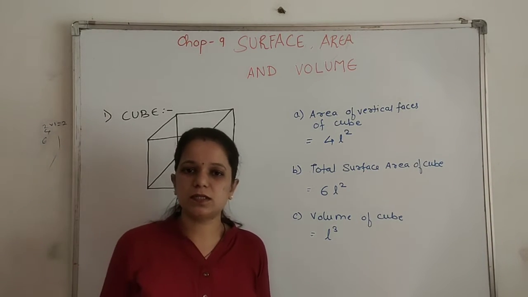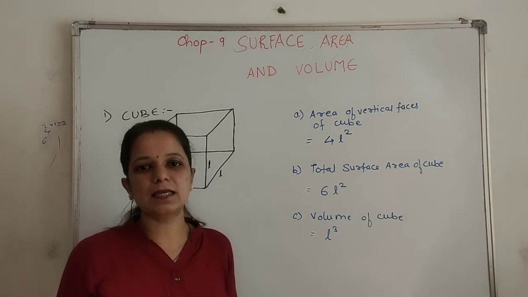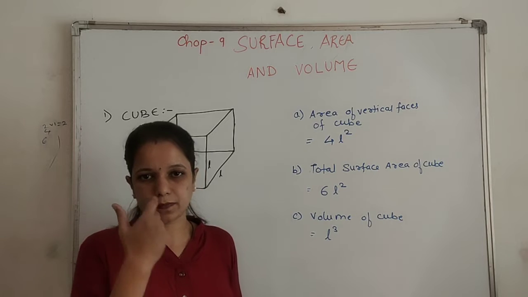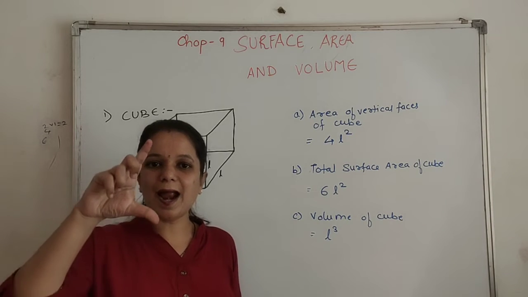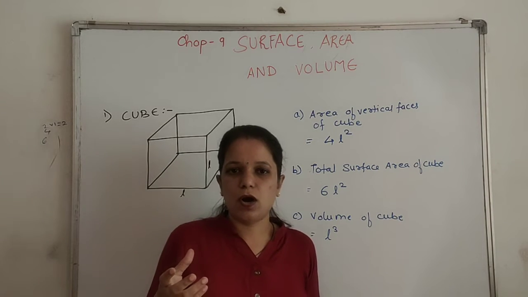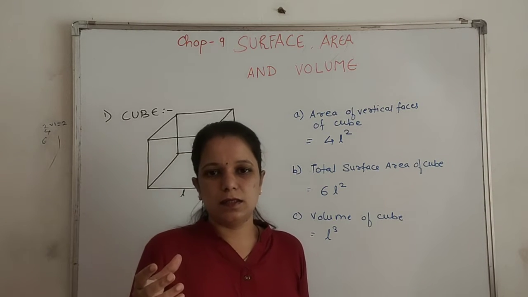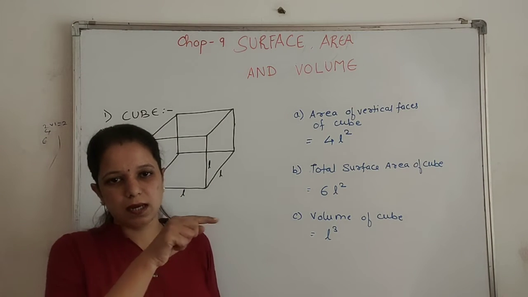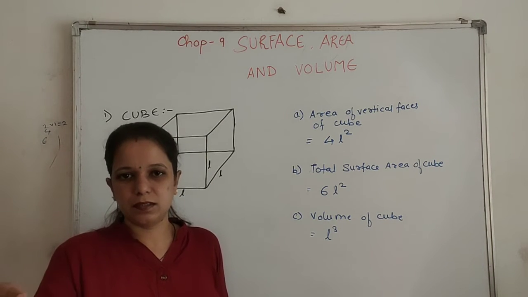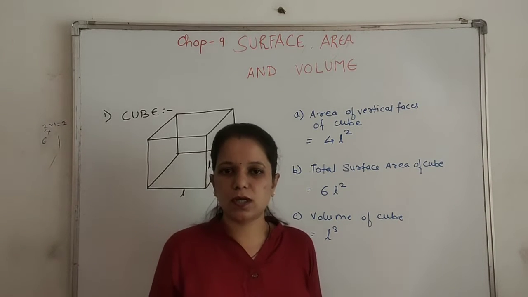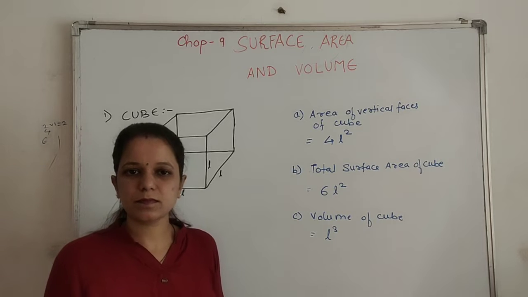Three-dimensional figures means the figure has three dimensions: length, breadth and height. Now you have seen a box or any container. That container has three dimensions: length, breadth and height of the container. So that is called your three-dimensional figure.